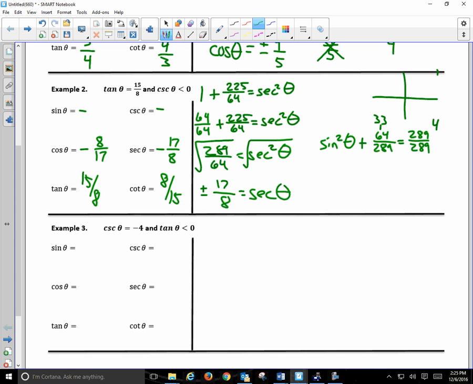What do I now do to both sides? I subtract the 64. I get sine squared is equal to 289 minus 64, which is 225.